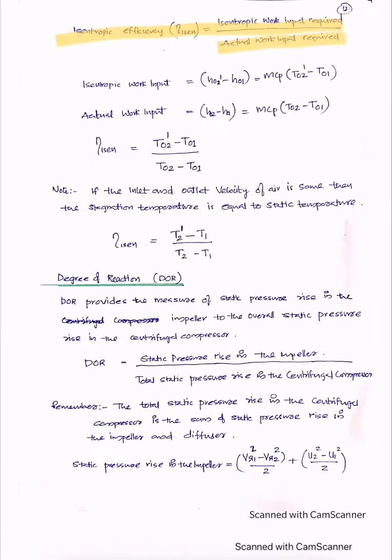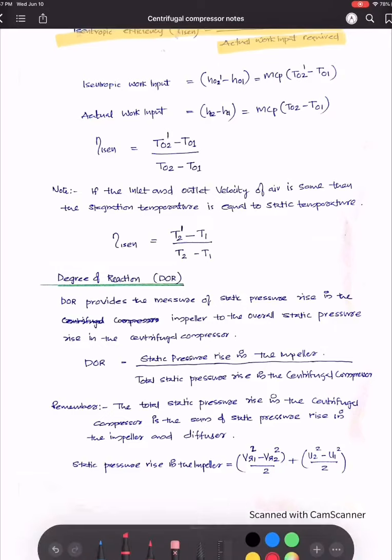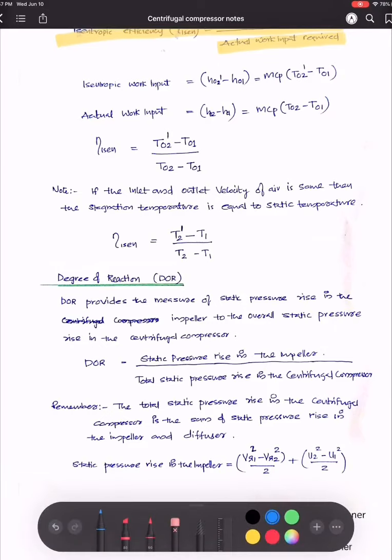So the isentropic work input can be found out using the equation h02 dash minus h01, and actual work input is h2 minus h1, that is m cp (T02 minus T01). So isentropic efficiency, we can write it as (T02 dash minus T01) by (T02 minus T01).